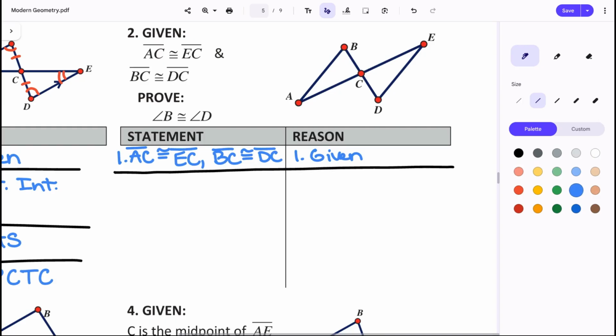Do they have that stuff marked? No, so let's make sure we go in and do that first. So BC and DC are congruent, so I'm just going to give them each a dash. And then AC and EC are also congruent, so I'm going to give those 2 dashes.